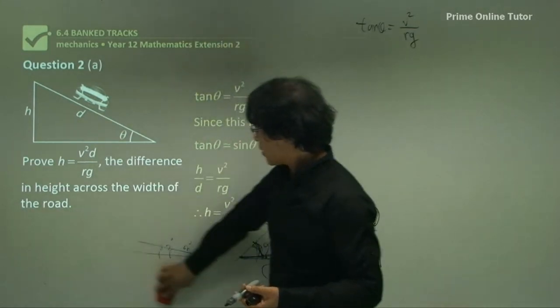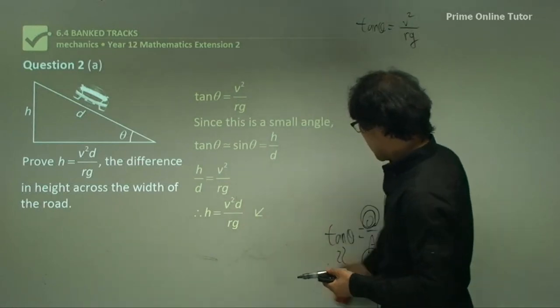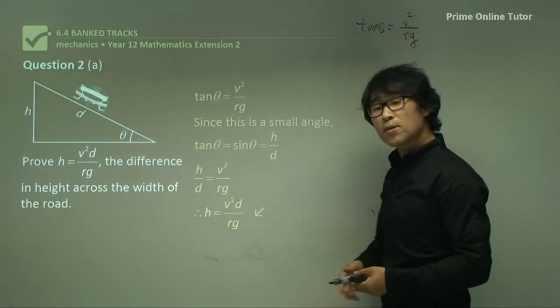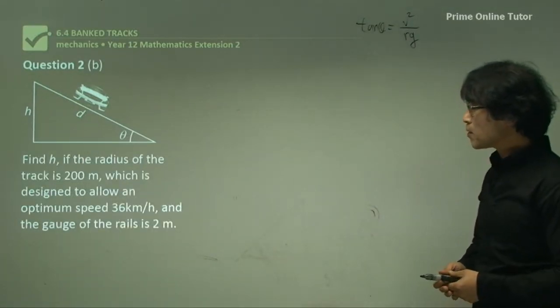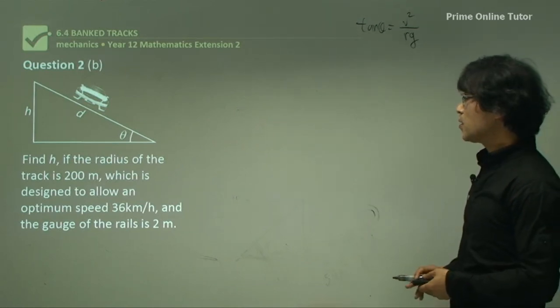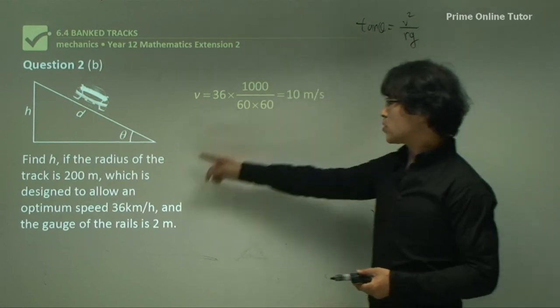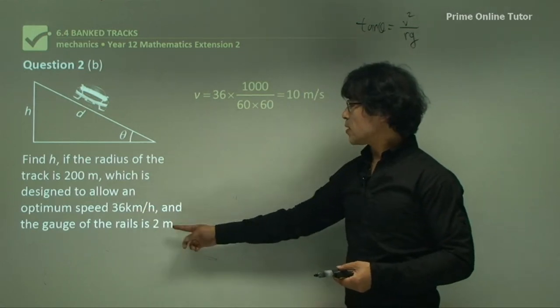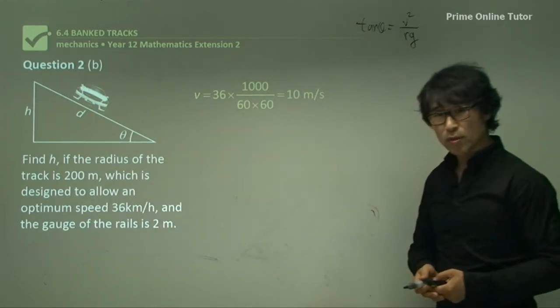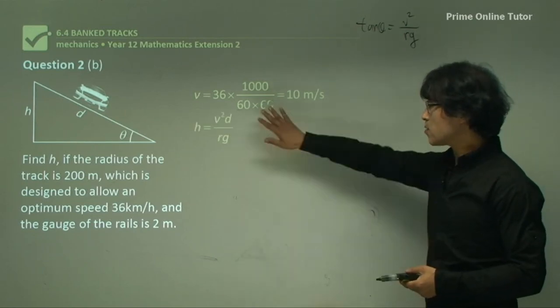Next part of the question will be asking us to calculate something. Part B. Find h. So what's the formula? Firstly, of course, 36 kilometers per hour, and then d is 2. So all you need to do is solve the numbers here. This is the formula.